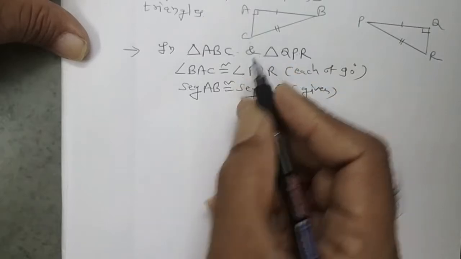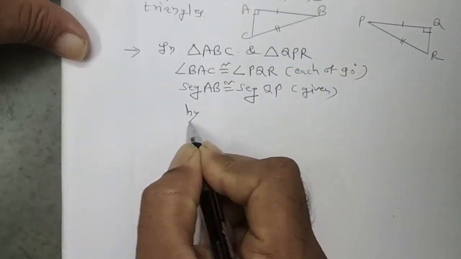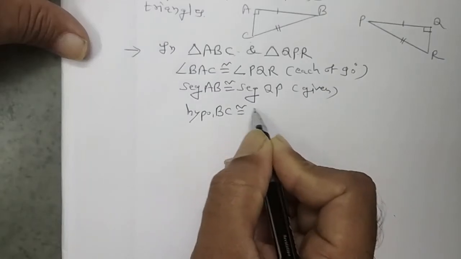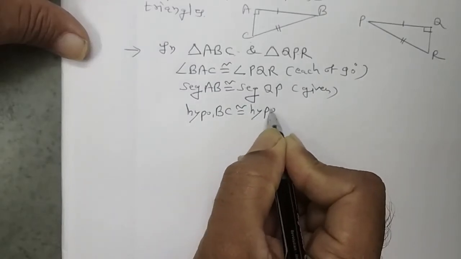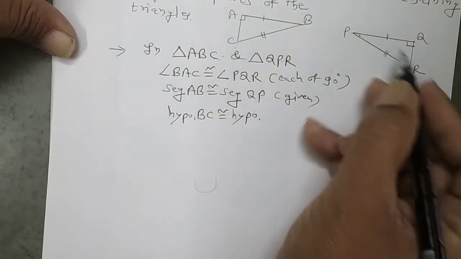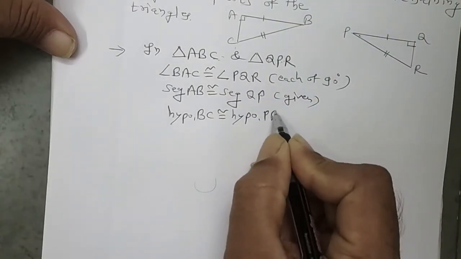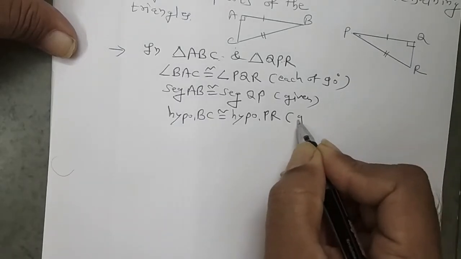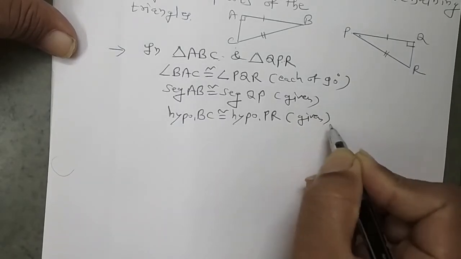Then hypotenuse BC congruent to hypotenuse PR. This is also given.